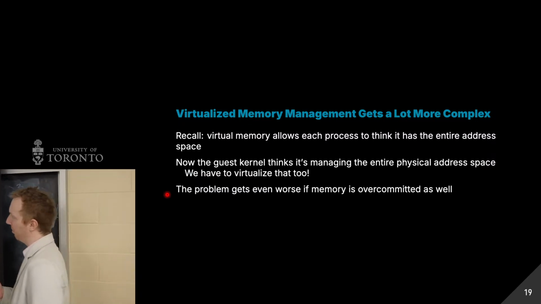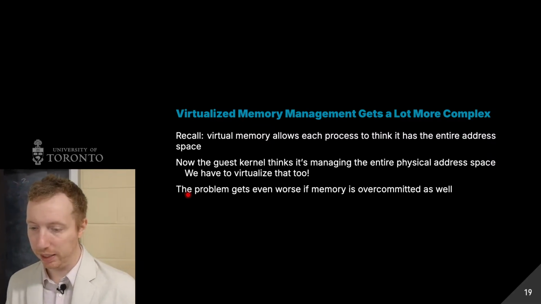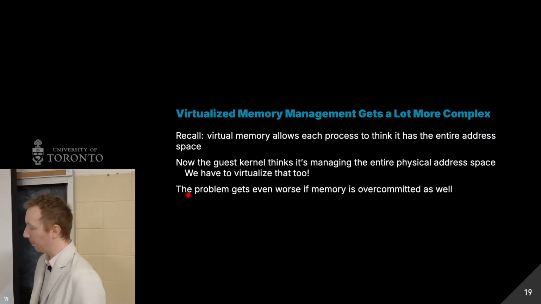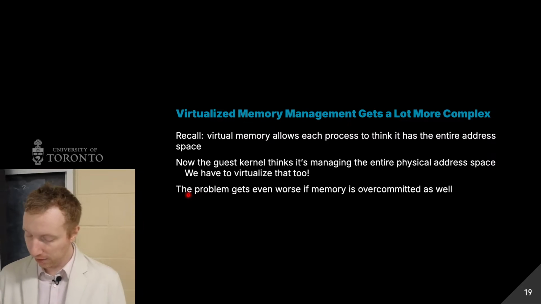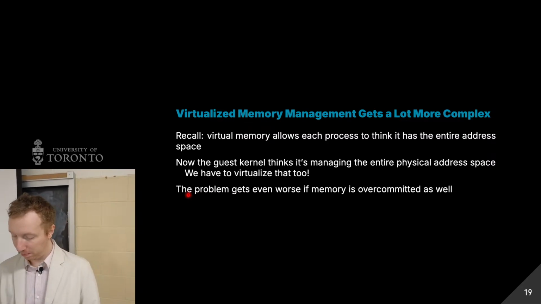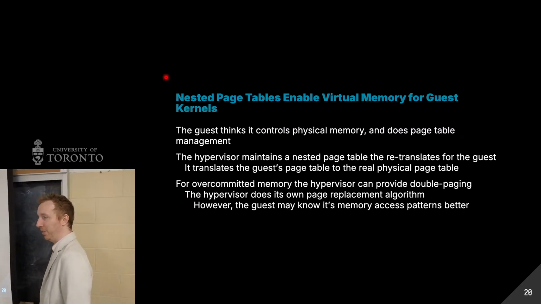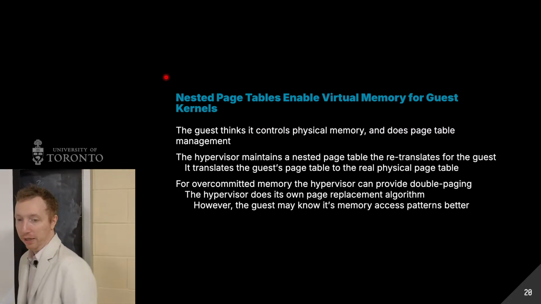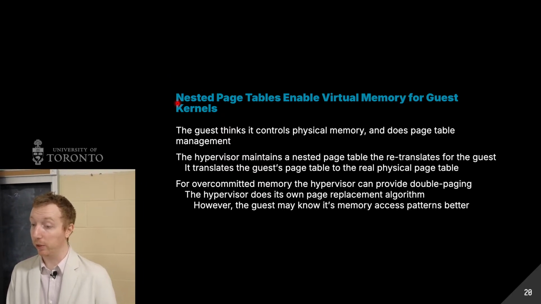But thankfully, that's mostly what hypervisor mode aims to speed up, because this problem gets even worse if memory is overcommitted as well, and then we have to deal with swapping and all of that stuff. So with just relating to page tables, we have to have nested page tables. So for virtual machines, you have nested page tables to enable virtual memory for guest kernels.